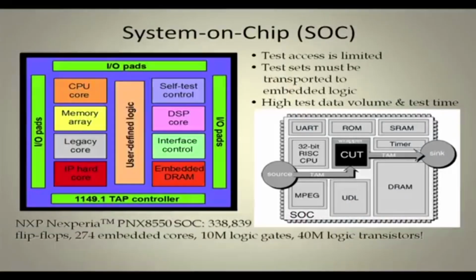Before applying the coded patterns onto the core for testing, we have to decode them and get back the original pattern set. So test time and test data volume are going to be important factors.